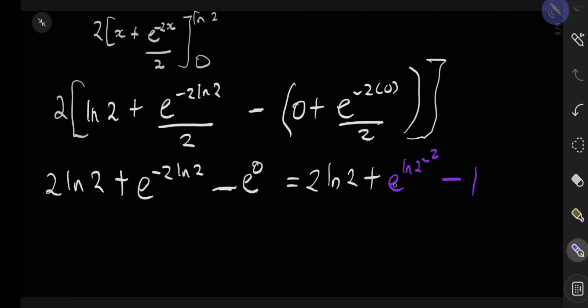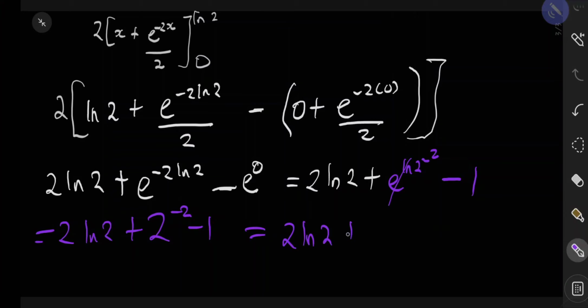So exponential raised to power natural log cancels out. So when this cancels out, now we have 2 natural log 2 plus 2 raised to power minus 2 minus 1. 2 raised to power minus 2 is the same thing as saying 1 over 2 raised to power 2, which is the same thing as 1 over 4. So now you have 2 natural log 2 plus 1 over 4 minus 1. And when we resolve this, plus 1 over 4 minus 1 would give us minus 3 over 4.